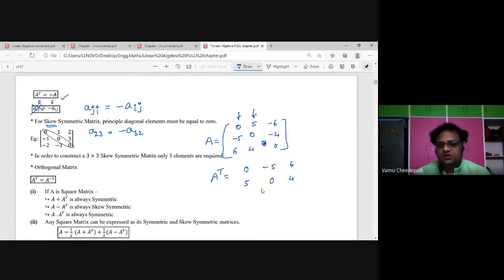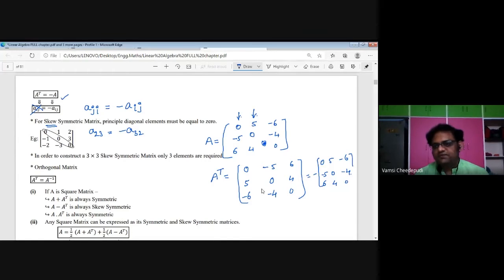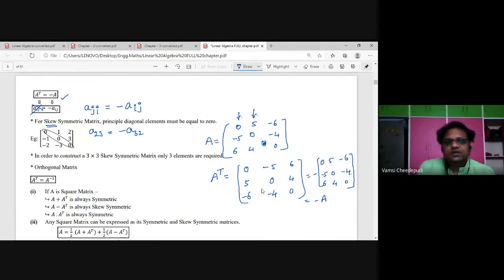And the third column, minus 6, minus 4, and 0. So if you take minus common from this, then 0, 5, minus 6, and minus 5, 0, minus 4, and minus 6 becomes plus 6, plus 4, 0. Now this is nothing but minus A. A transpose is equal to minus A, then you can call this matrix a skew symmetric matrix.